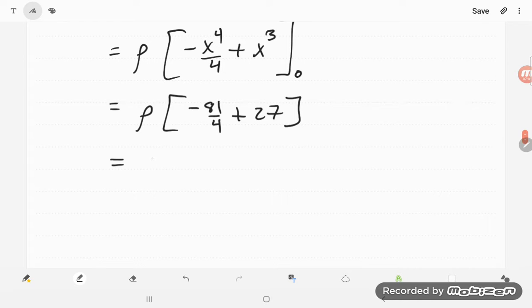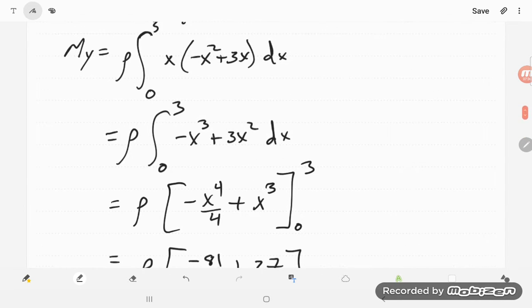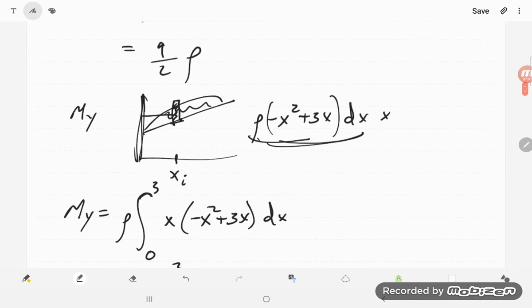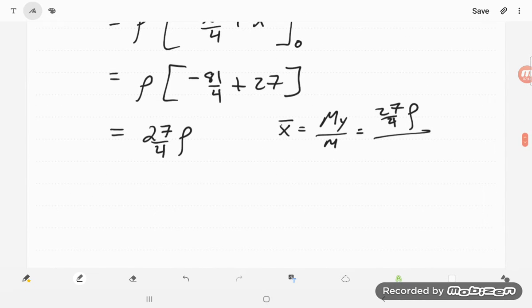So this is 27 over 4 rho. So at this point, we have our x bar is m sub y over m. And so that's 27 over 4 rho divided by 9 over 2 rho.